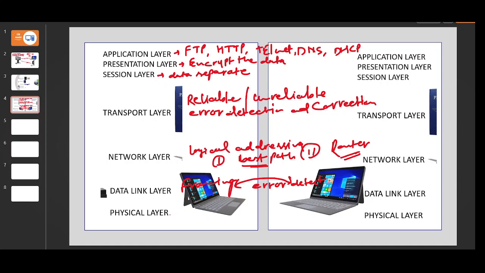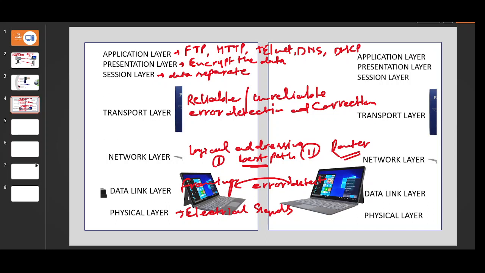So at the physical layer it converts frames into bits, bits into bytes. Clear? This happens at this layer. So it is just like electrical signals. Clear? Electrical signals.